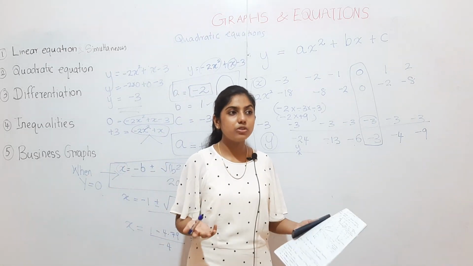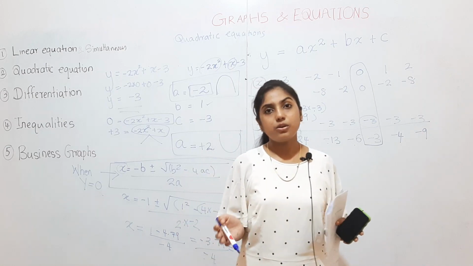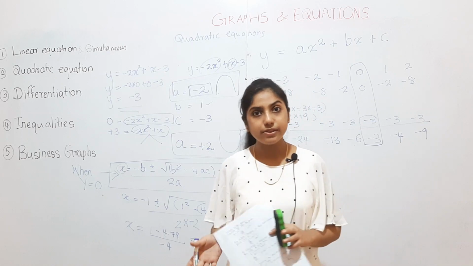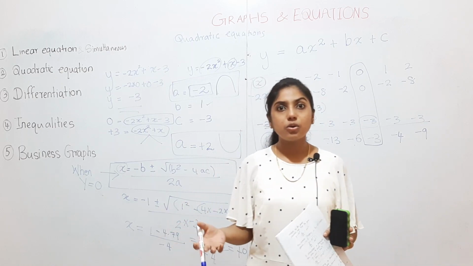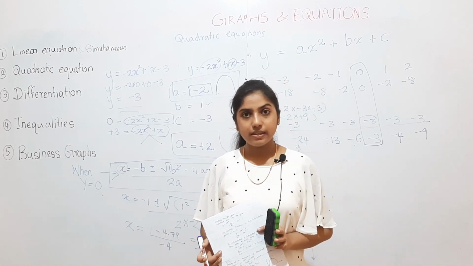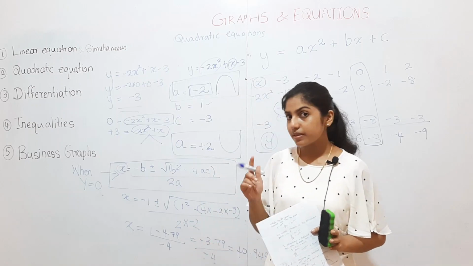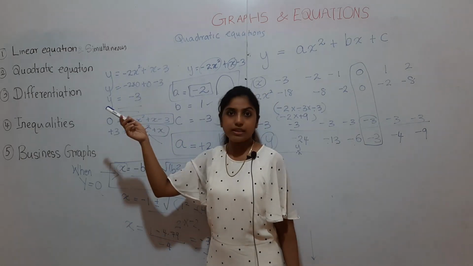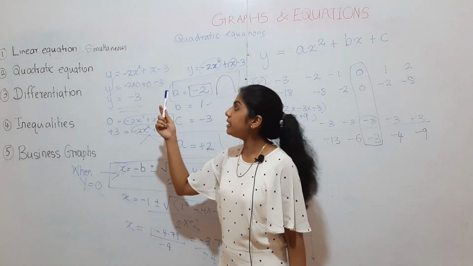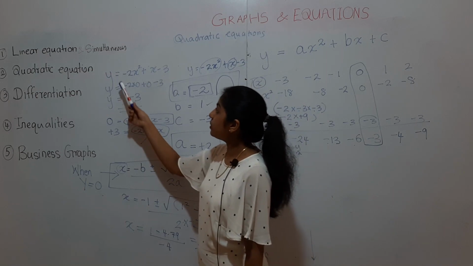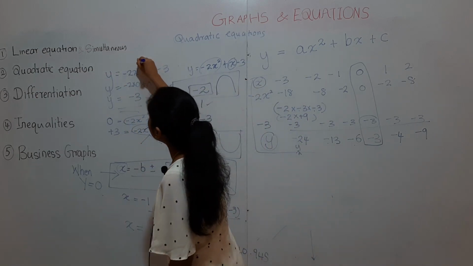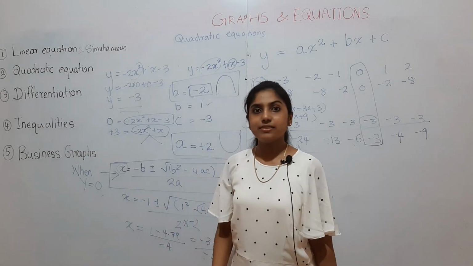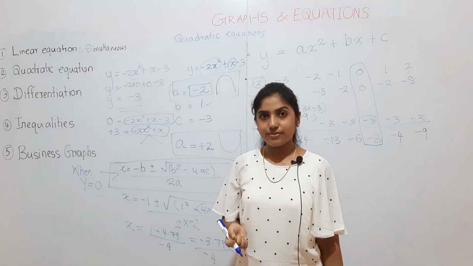They will say, we want to know what is the quantity to produce to make profits 0, or to break even the profits. Then, if they give the profit equation, say y equals minus 2x squared, at that time itself you must decide that it is a quadratic equation.